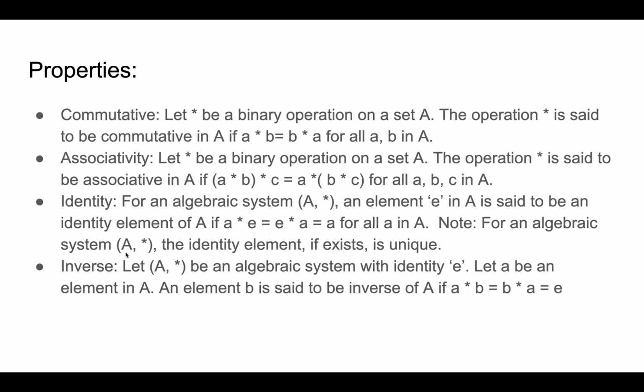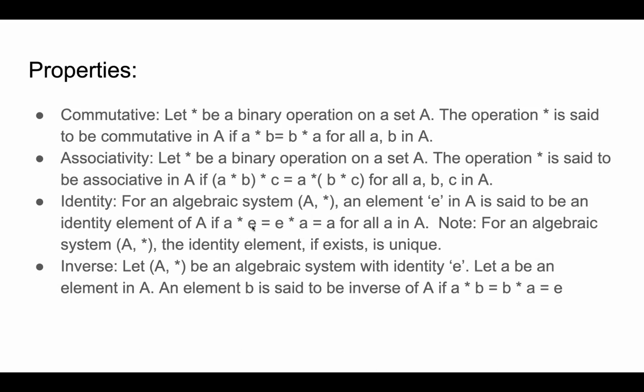For an algebraic system A star, the identity element, if it exists, is unique. Means again, what we can say is 1 is the unique element of the natural number set, because no other element is like that.